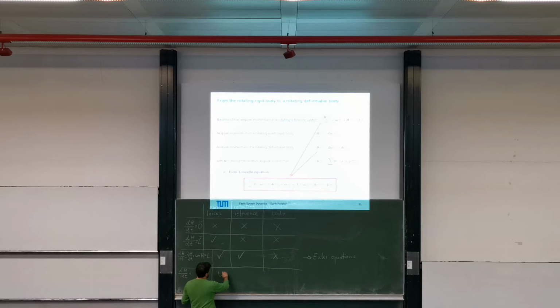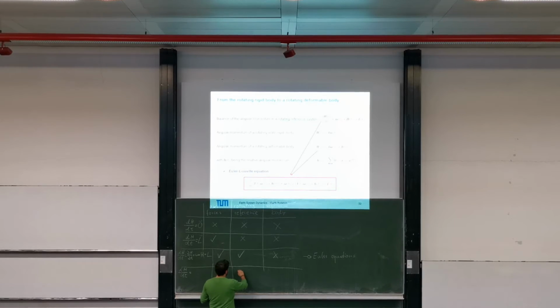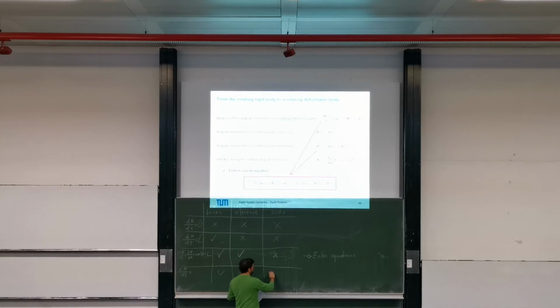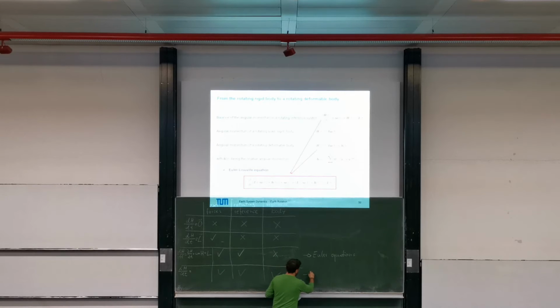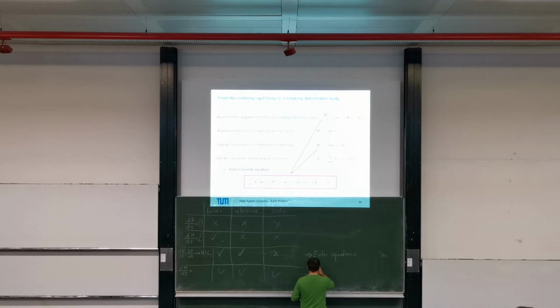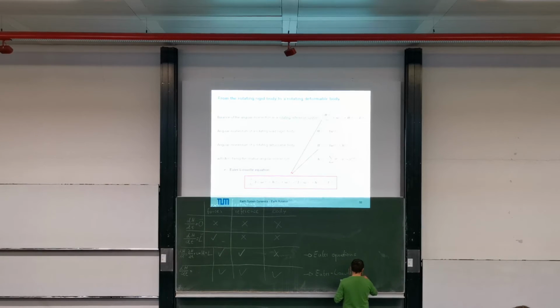We take into account the external forces, the rotating reference, and the deformable Earth body, and this leads us to the so-called Euler-Liouville equation. So this equation is really important now.